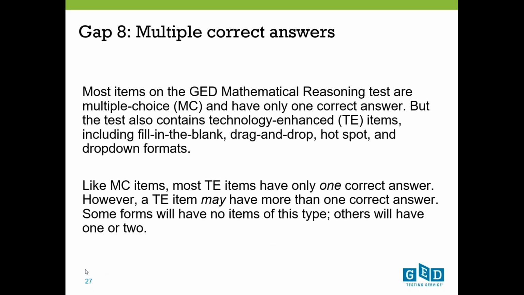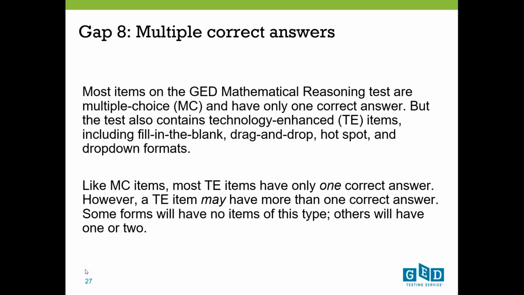Sometimes they won't see an item like that on the test. Most times if they do, it'll be only one. Rarely there might be two. I don't recall any tests where we had two of that kind, but since I can't be sure, I don't want to rule it out. But it's going to be very rare, but it is something that test takers should be aware of.